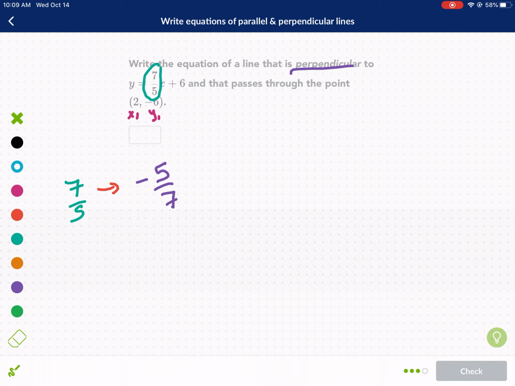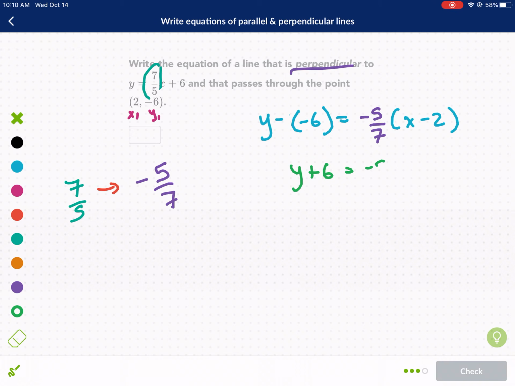Next up, I'm going to get my equation, y minus y1, which I already labeled as negative 6, so I subtract a negative 6, equals my slope, which is negative 5 over 7, and then I have it times x minus 2. Okay, this is going to get a little messy, I think. We're going to have y plus 6 equals negative 5 over 7, x minus 2.